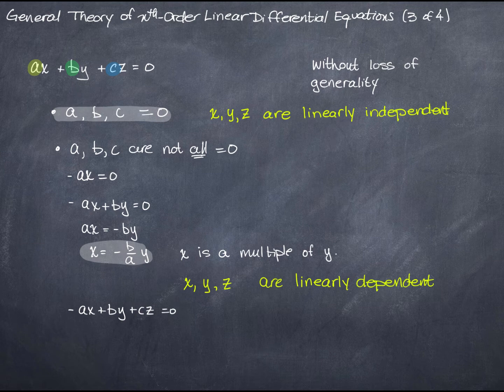But I can still break this up into two cases. Either one or two or all three of these are not 0. At least one is not 0. They're not all 0, in which case x, y, and z are dependent. Or all three of A, B, and C are equal to 0, and in that case, we say x, y, and z are linearly independent.